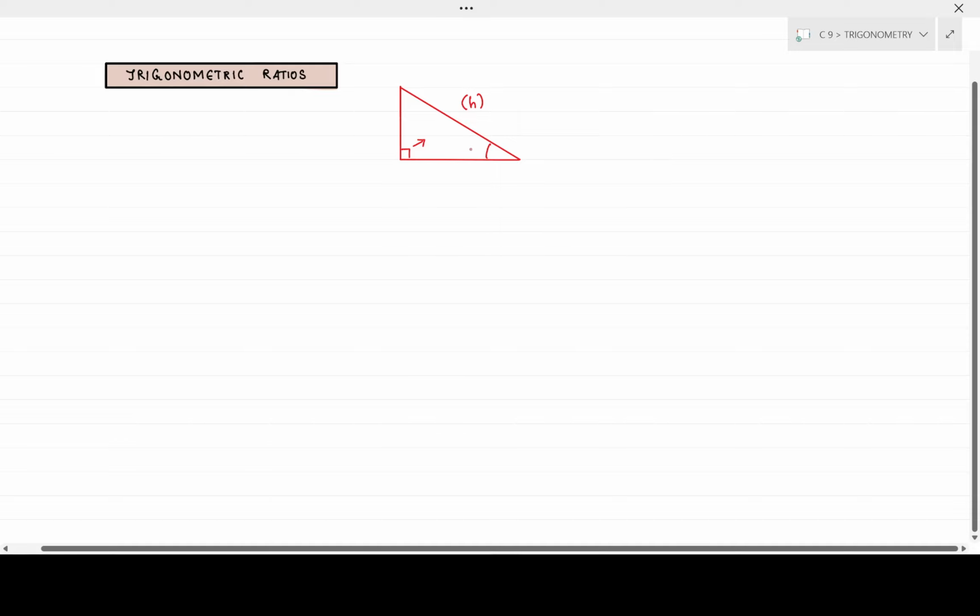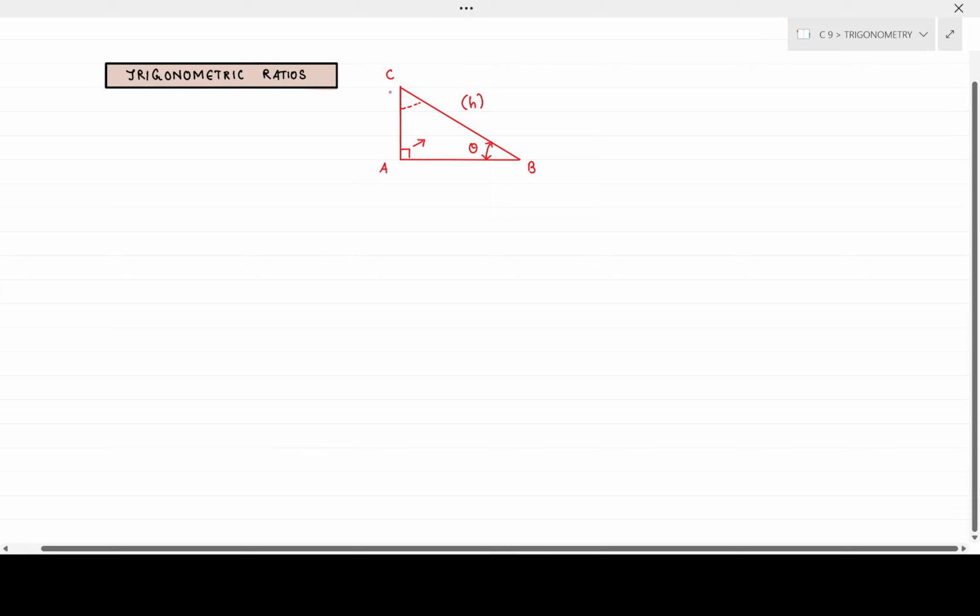Now, wherever theta lies, theta may lie on this side or it may lie on this side. It depends on the question where it lies. Wherever theta lies in the triangle, theta is connected to two sides, two dimensions of the triangle.